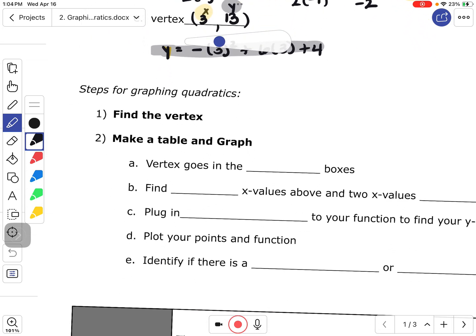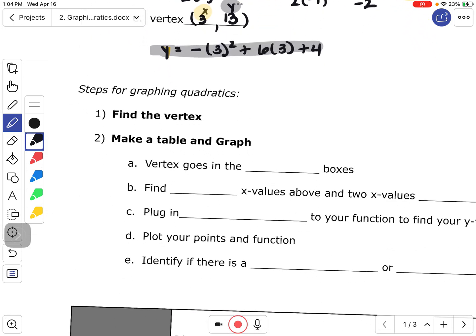When we graph, the first thing you're going to do is find the vertex. Then you're going to make a table graph. The vertex goes in the middle of the boxes, and this will make more sense in a minute, but just take these notes for right now.